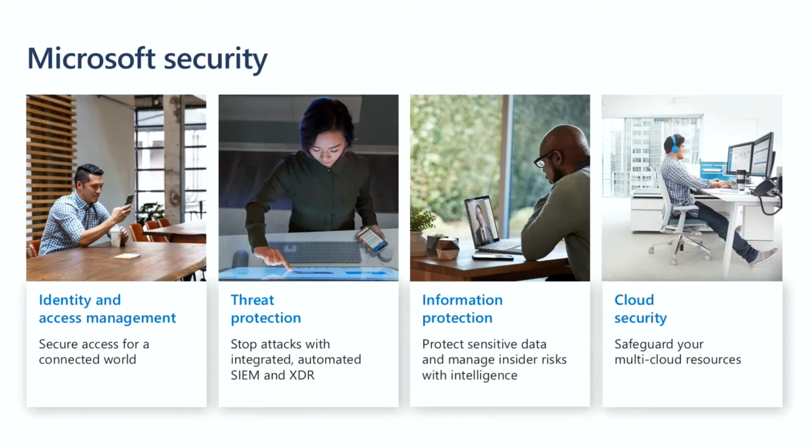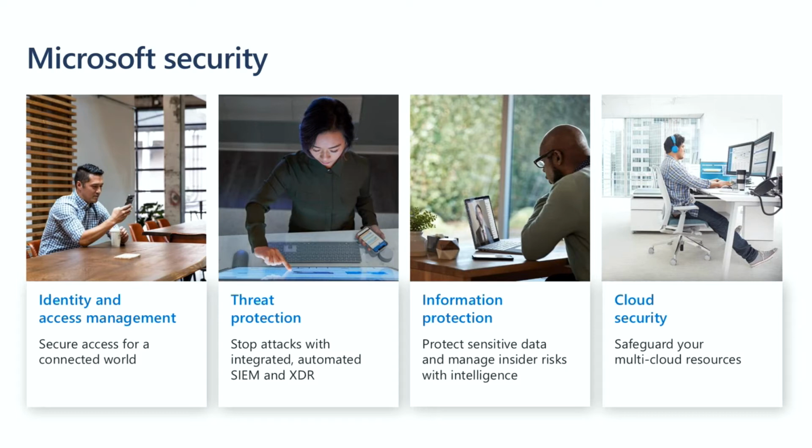We break this down into 4 pillars. Our identity and access management, protecting your users and your devices. We have our threat protection pillar, stopping attacks, automating the remediation of those attacks, and preventing them from ever occurring to begin with. We have our information protection component, which is protecting that data, both external risks as well as insider risks.